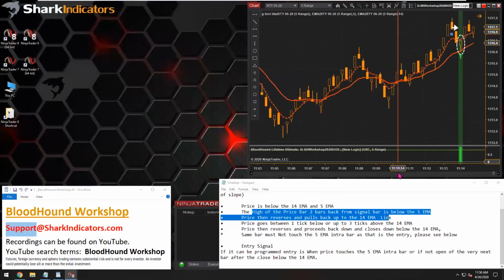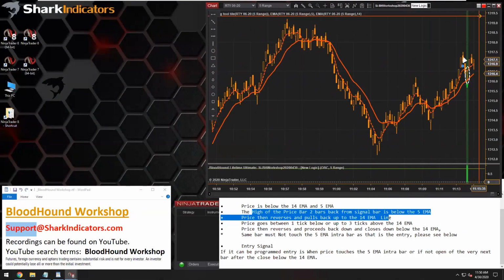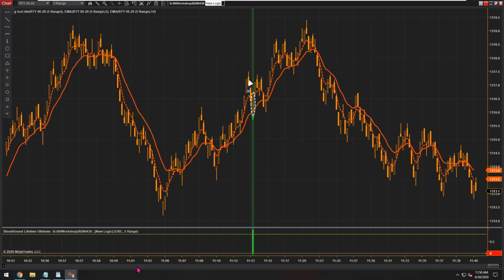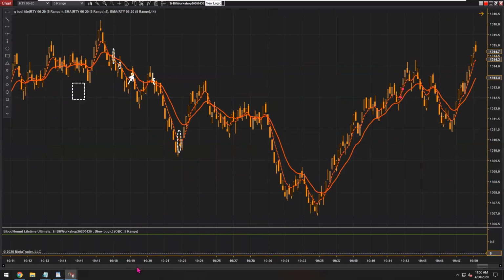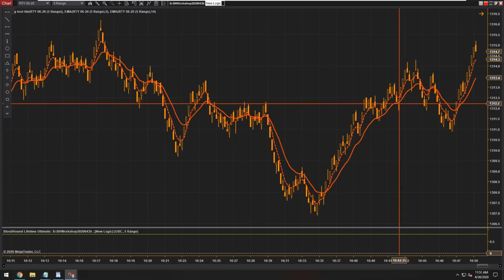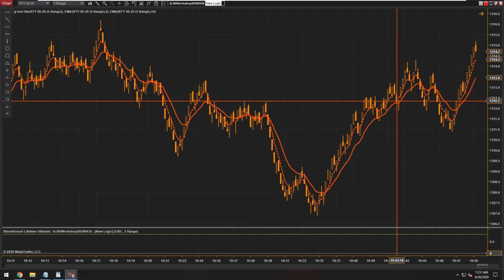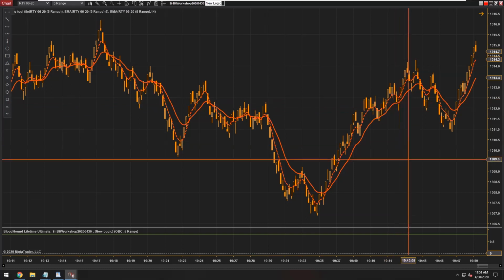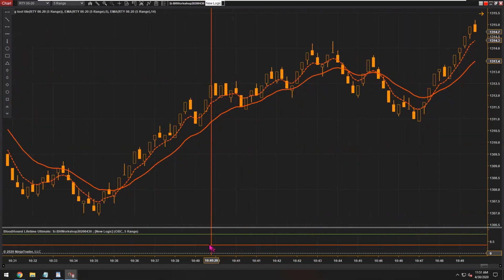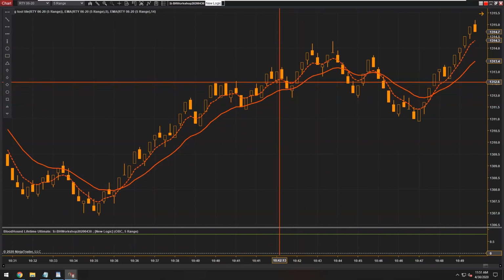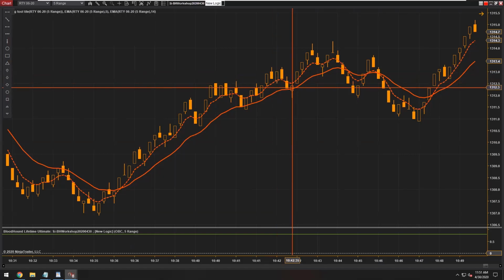So great, there we have it. Let's shrink up our chart and see if we find anything else. Now we're just going to go through and verify that all the signals are valid and possibly look for any missing signals. I'm thinking that bar right there looks like a good setup candidate. If we zoom in here, I can see the problem was this bar here broke the EMA5, so that disqualified this bar.